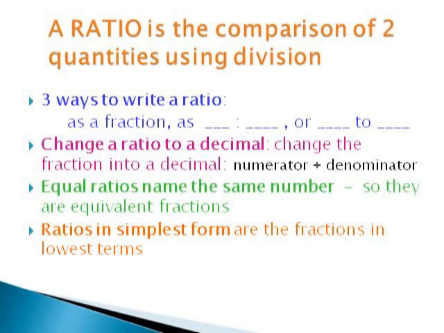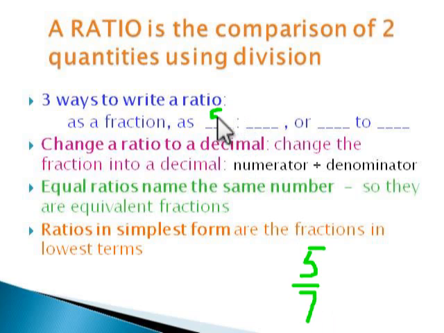So there are 3 ways to write a ratio. One would be as a fraction, so with a fraction bar. So for example, if you had 5 out of 7. Or you could use a colon.